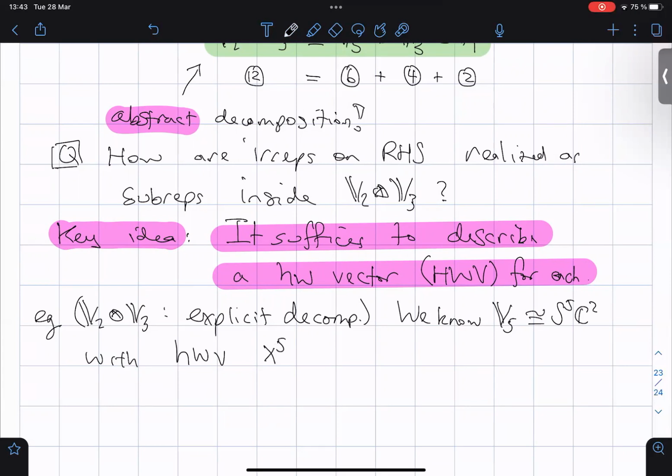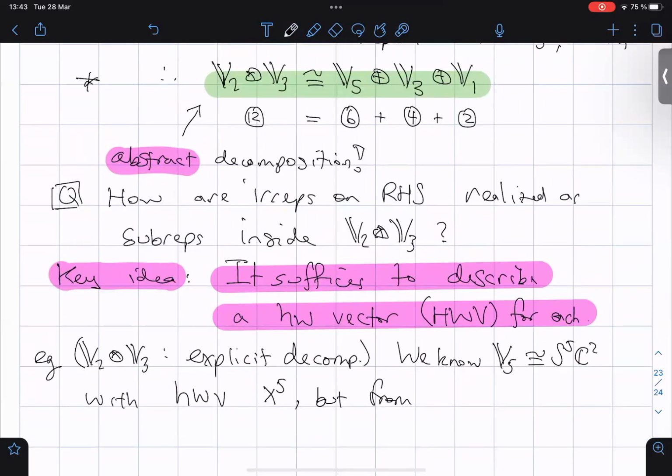This is abstract. But from the star, this V5 is embedded somehow into this V3.